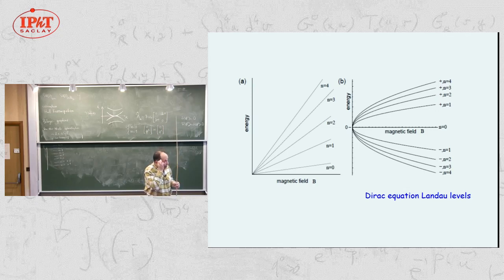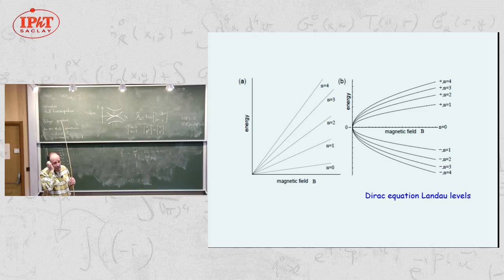Instead of having the Fourier transform of the potential, e squared over r, whose Fourier transform is 2 pi e squared over q, when you are going from the lowest Landau level to the n equals 1 Landau level, you will multiply this by some function of the wave vector, which you can compute by using the wave functions appropriate to the n equals 1 Landau level.